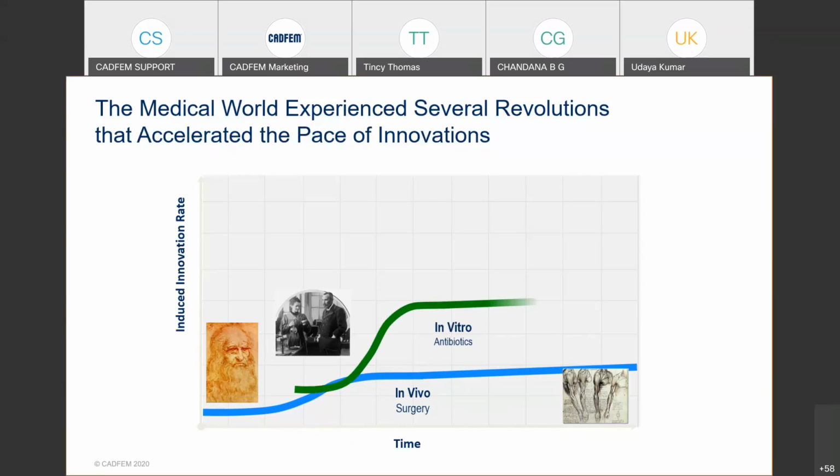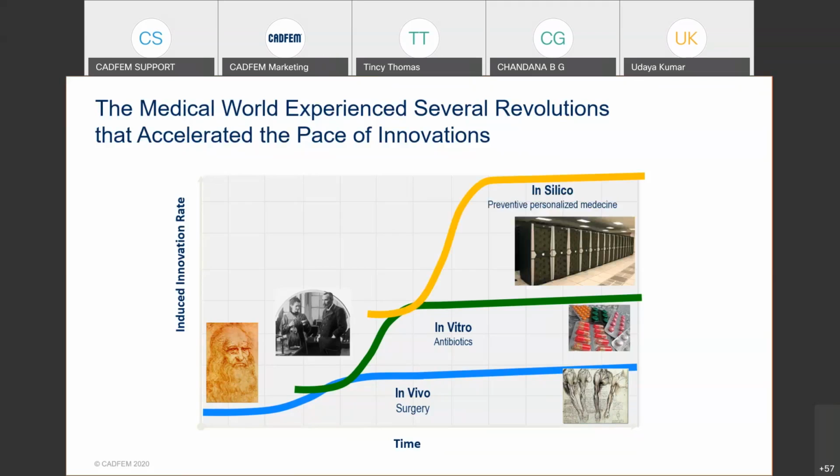The second method is in vitro, where you do it in a petri dish or in test tubes in the laboratory, where you make up an environment and do the test. Here also there are a lot of difficulties, like having to go for different experiments and tests, and the cost is also very high.